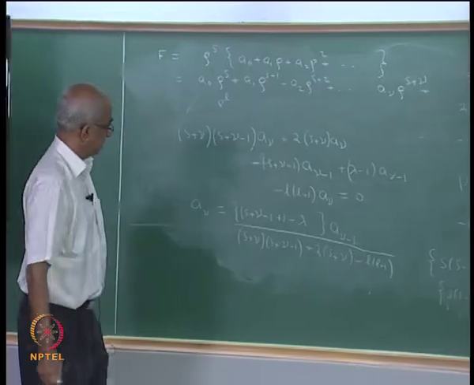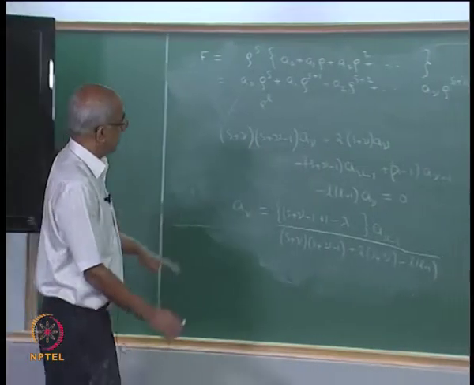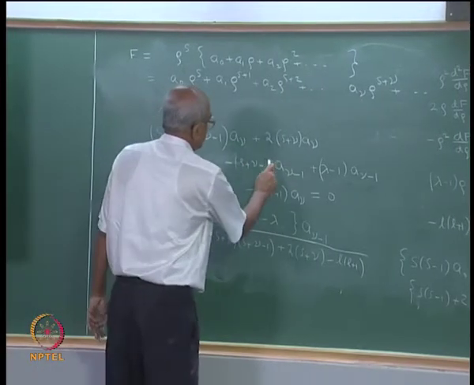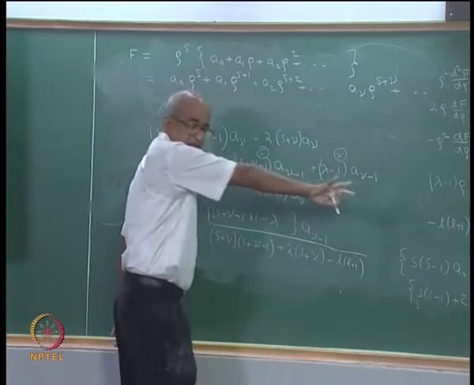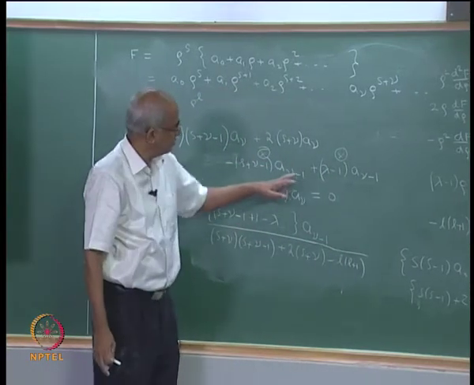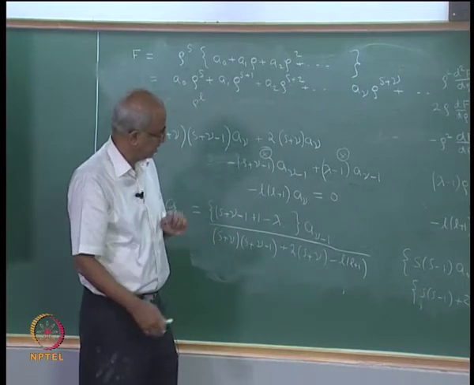This is the recursion relation. All that I have done is I have taken this term and that term to the right hand side, these two terms, because they are dependent upon a nu minus 1. So, I have taken them to the right hand side and rearranged, and I will get this equation.